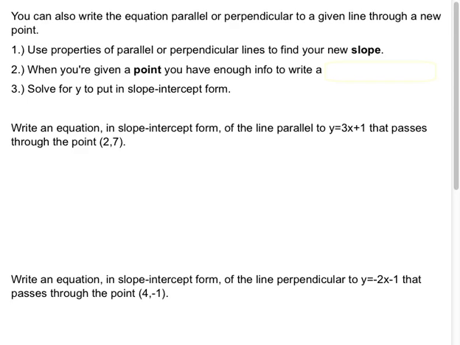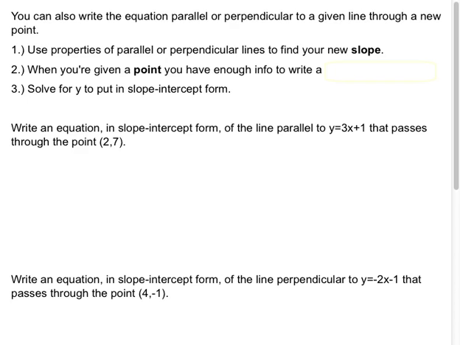Now, what if I want to write a new equation? Okay, because that's really the goal here, is talking about writing equations. So the idea is if I give you a line and I say write a parallel or perpendicular equation through this new point, okay? The first thing is you can use the rules of parallel and perpendicular lines to determine what your new slope has to be, okay?